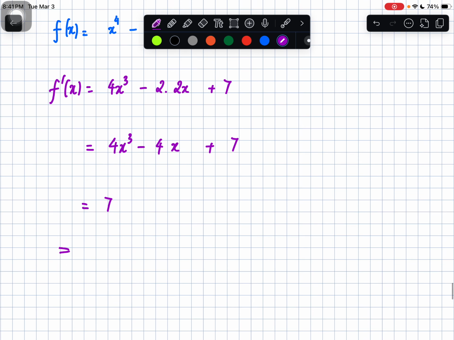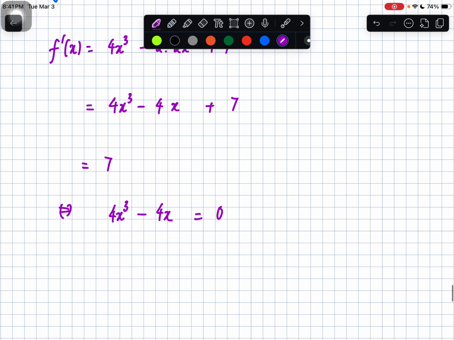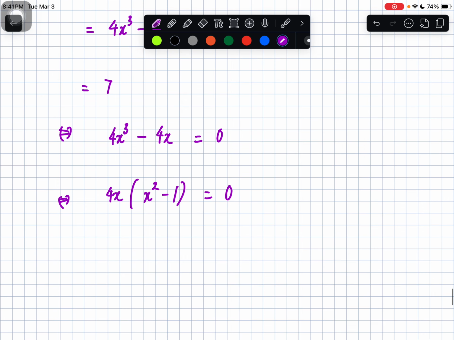So this means 4x cubed minus 4x equals 0. 4x times (x squared minus 1) equals 0. So x equals 0 or x squared minus 1 equals 0, x squared equals 1. So x is 0, 1 or -1.